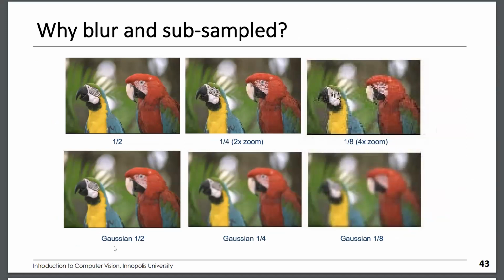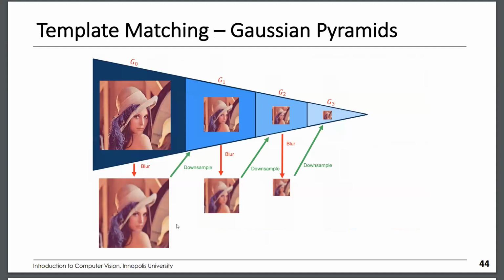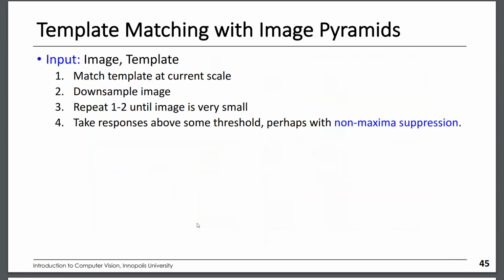But when we apply Gaussian blurring, every pixel is a combination of its previous neighborhood, and the image stays overall much better, right? So this is why we do blurring, downsampling, blurring, downsampling, blurring, downsampling.